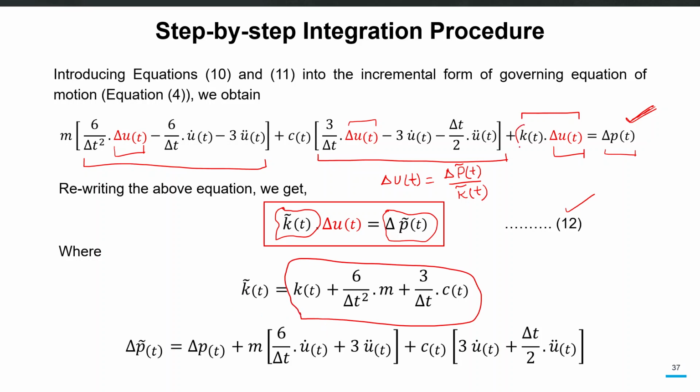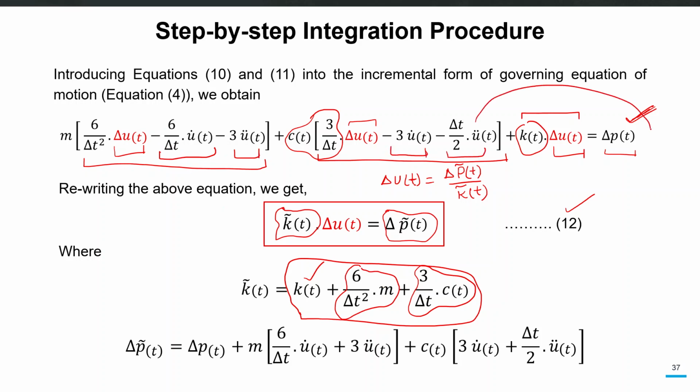See here, you have k of t, then 3 over delta t into c of t, and also m times 6 over delta t square. And all the constant terms, which are this one, this one, and also this one and this one, are all shifted to the right hand side of the equation, and the whole right hand side is called delta p prime of t, which is this long expression.